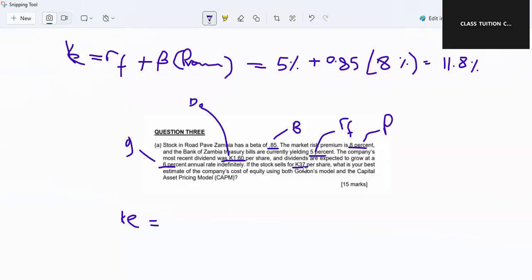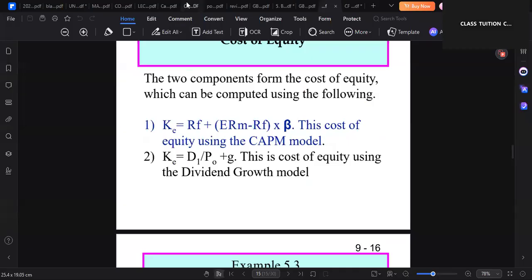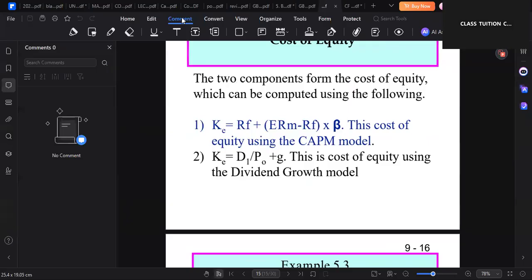Our P0. Okay, so we don't have D1, but we learned in our previous class how to calculate D1. Who remembers how to calculate D1? Because here we have D1 showing there. How can we manipulate this formula?